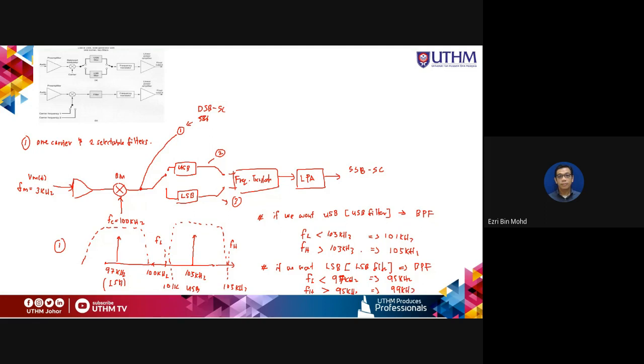So here we design the filter that has a 99 kilohertz cutoff frequency at the high side, and at the low side a low cutoff frequency equal to 95 kilohertz. So that the other frequency range will be eliminated. So we can select the upper sideband or lower sideband to pass through.